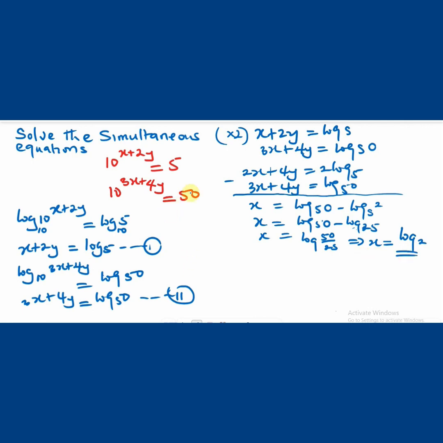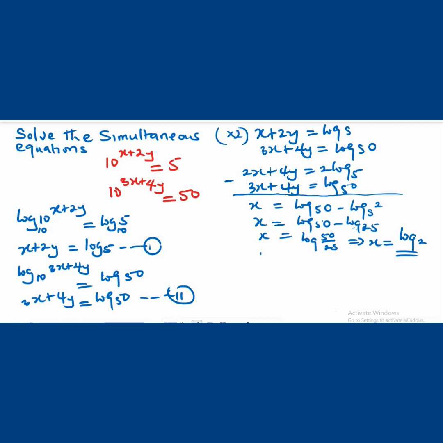So for me to get the value of y, I'm going to look at the first equation, which is simpler than the second equation. So I'll pick the first equation, x plus 2y, and do substitution. Anywhere I see x in this first equation, I'm going to replace with log 2.